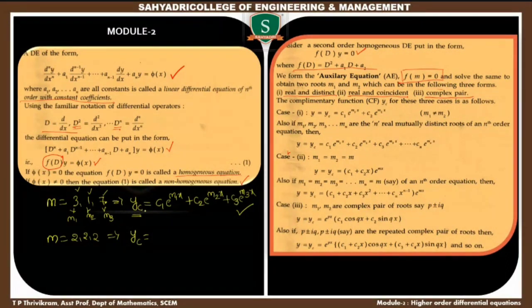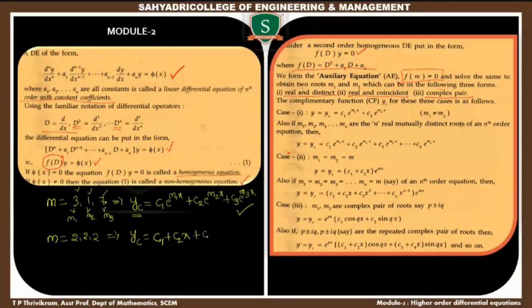So we have to generate 3 constant terms, like a polynomial. First I start with c1 constant plus c2 into some variable x.